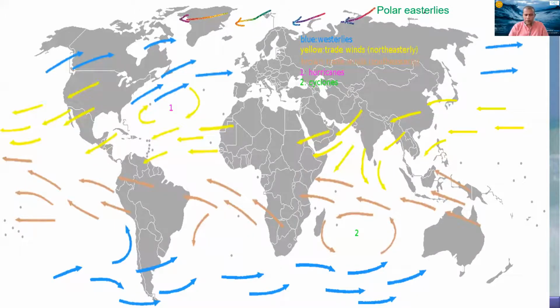Now, if you go back to our early discussion on the direction of the atmospheric circulation, now you can match the direction of atmospheric circulation and look at it here in the tropics.